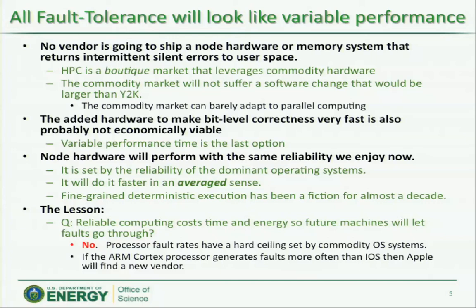If your chip goes above that, I can't sell that chip. If the current Samsung ARM Cortex processor starts generating faults faster than what iOS does, then Apple will go find a new vendor. So Samsung will push down their error rate until it falls below what the operating system is expected to run on. This has nothing to do with us, right?